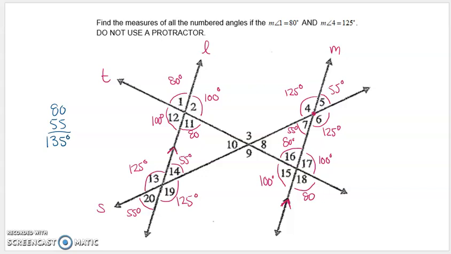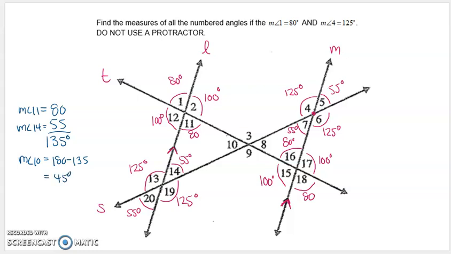Now, we know that the measure of 11, 14, and 10 is 180 degrees. That's the triangle sum theorem. This is the measure of angle 11. This is the measure of angle 14. The sum of those two is 135. So the measure of angle 10 is going to equal 180 minus 135, which is equal to 45 degrees.